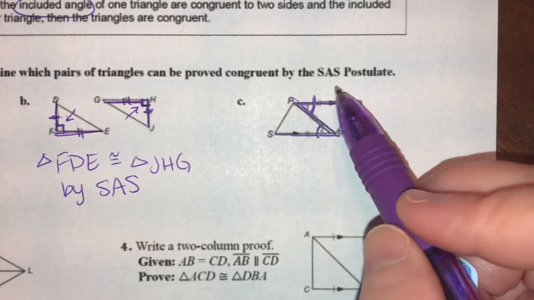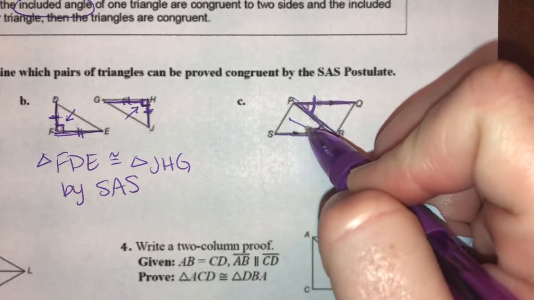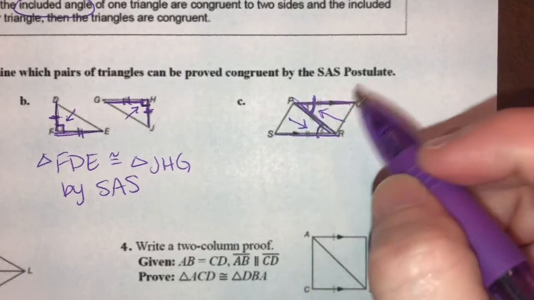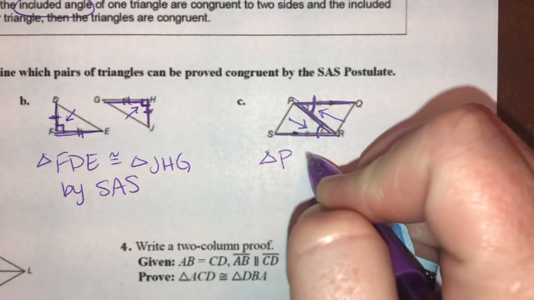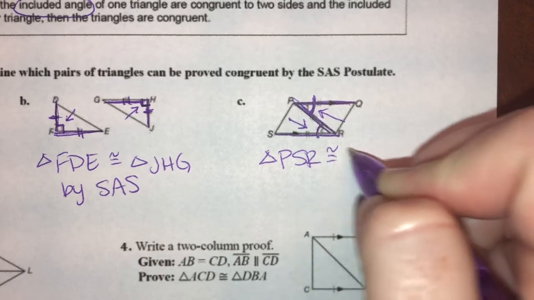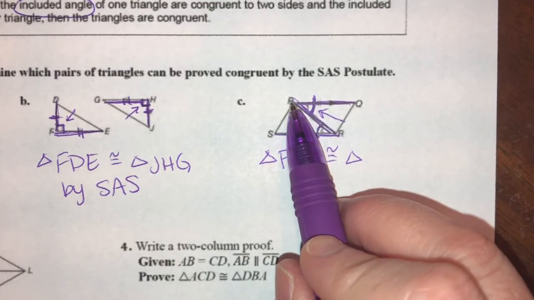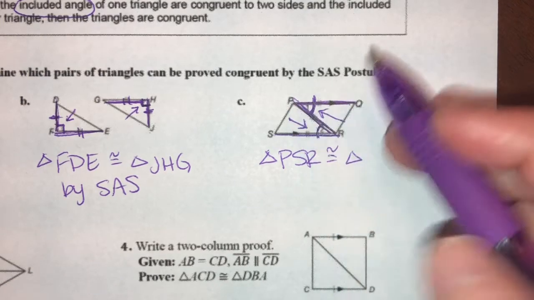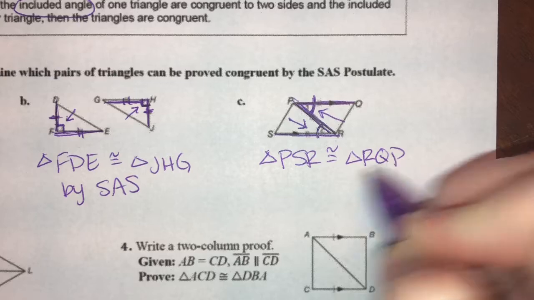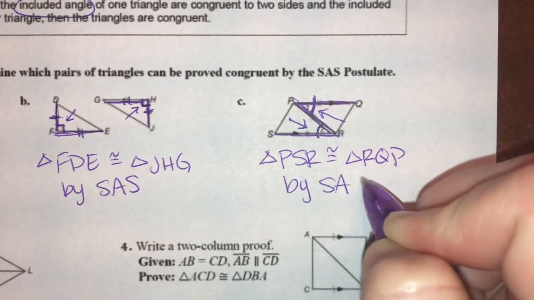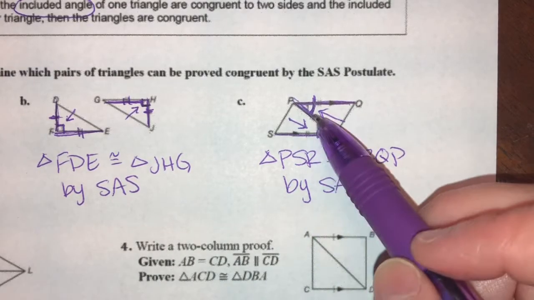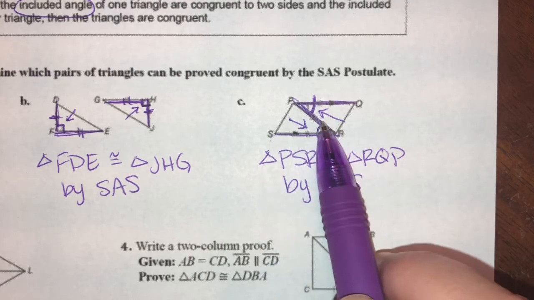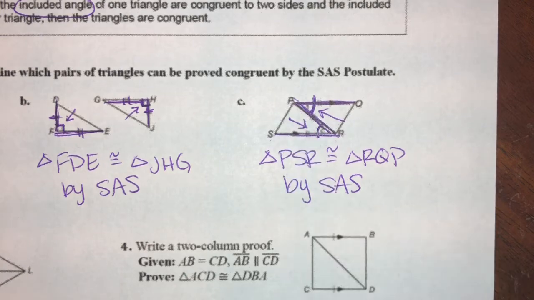Side, angle, side, side, angle, side. This is an included angle. It's in between the 2 sides. Same here. So yes, we can say triangle PSR is congruent to triangle, now I went PSR, so I'm going to do the same thing here, RQP by side, angle, side. So we can say this entire triangle is congruent just because of one side, an angle, and another side.